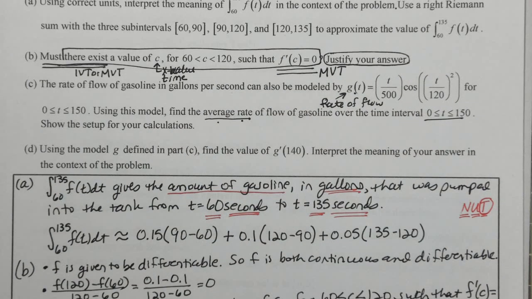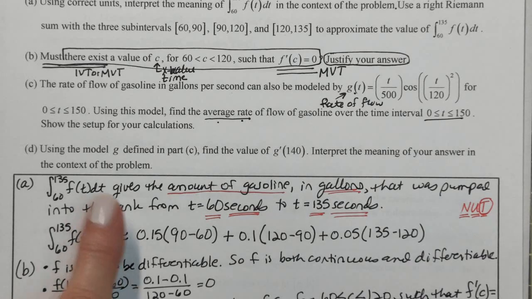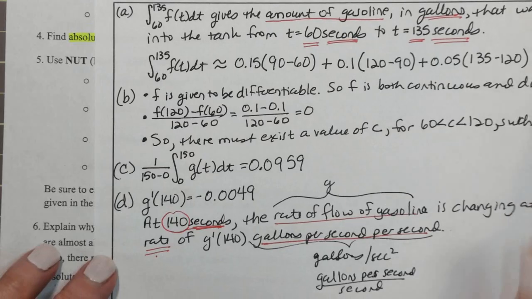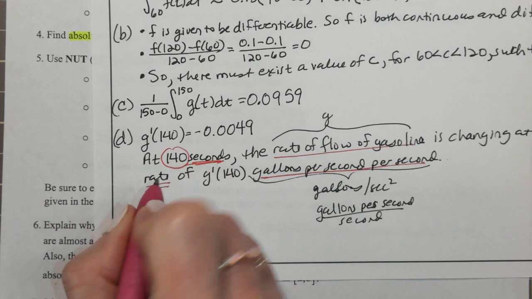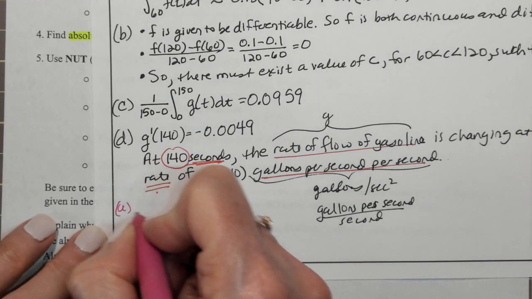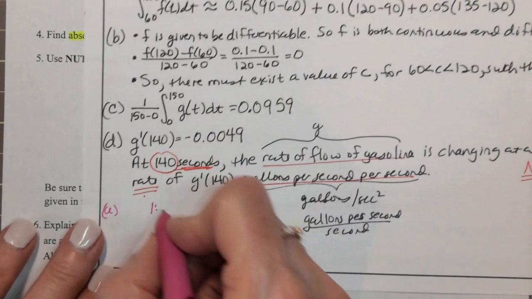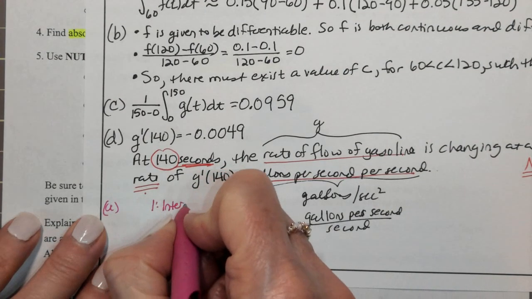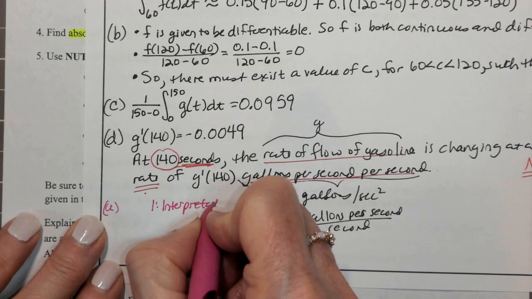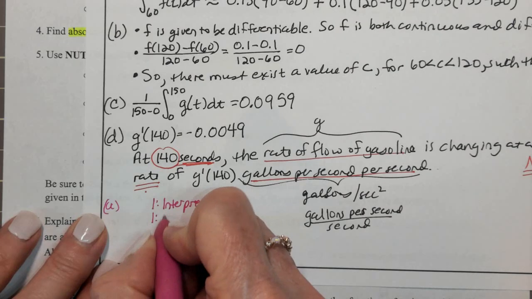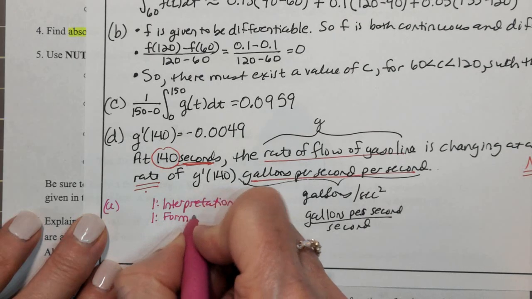So let's see. Part A. Part A was worth 3 points total. 1 point was for the interpretation with units. 1 point was for the form of the Riemann sum.